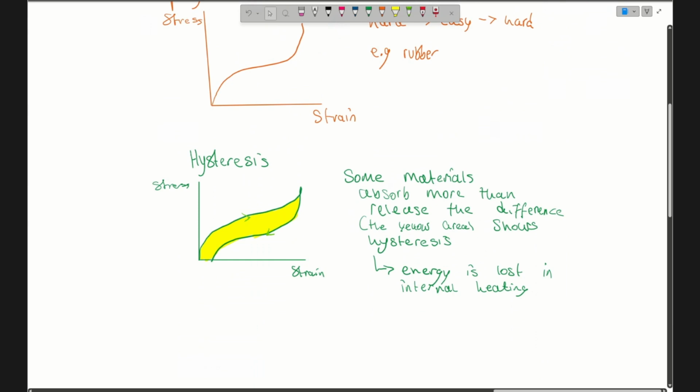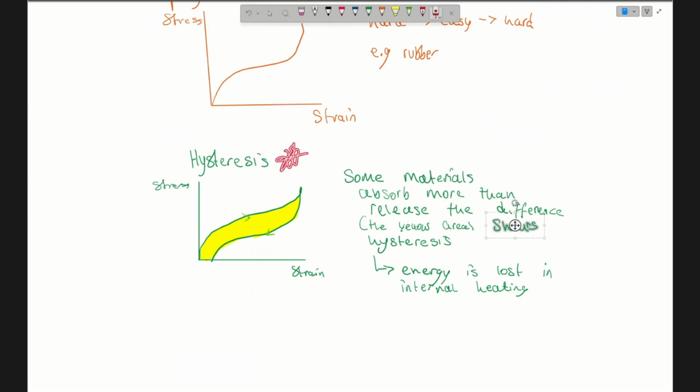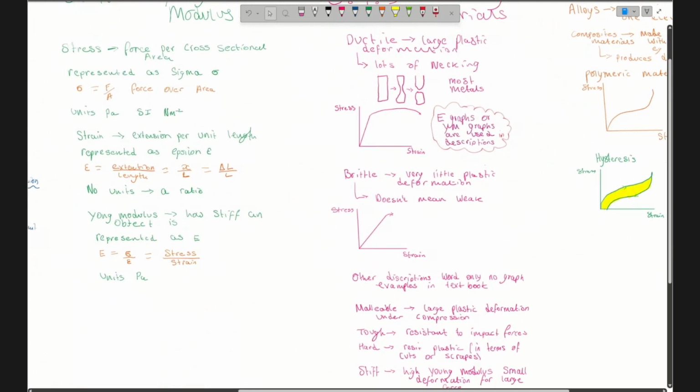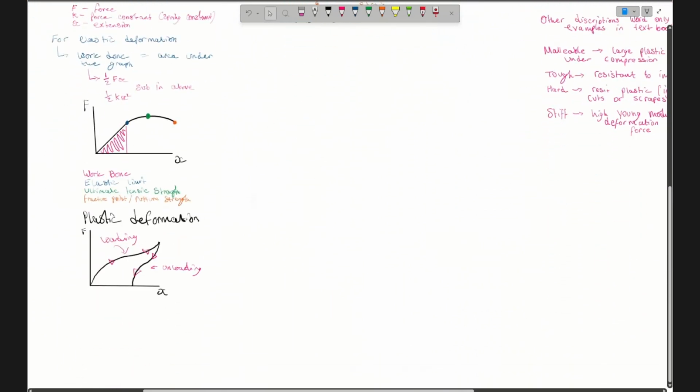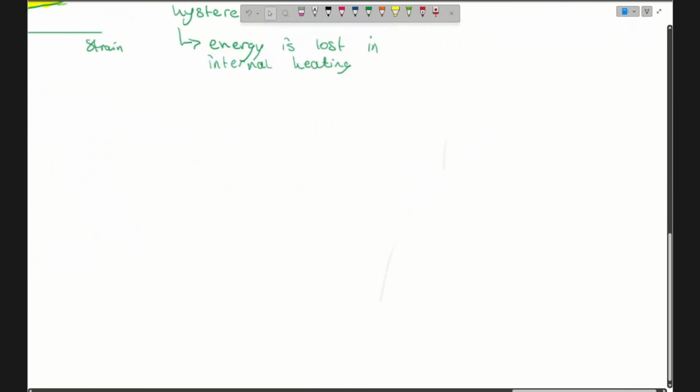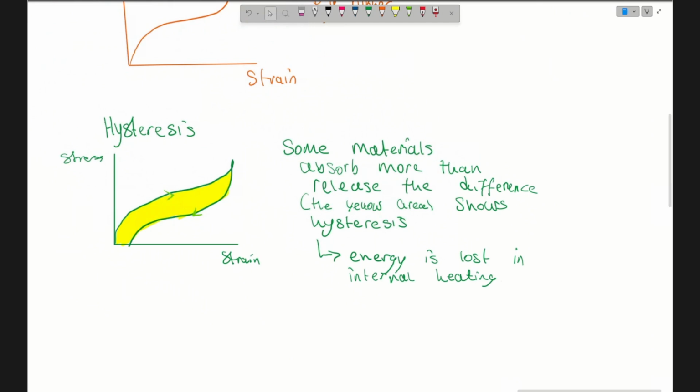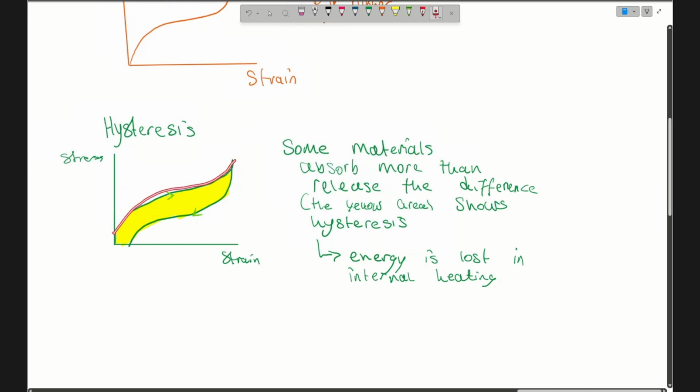And then one more key thing we need to know, which again is a little unrelated. It does kind of link in over with plastic deformation down here that we did right at the start. But it's something called hysteresis or hysteresis, depending on how you want to say it. There's different pronunciations. So some materials will absorb more energy than they release.